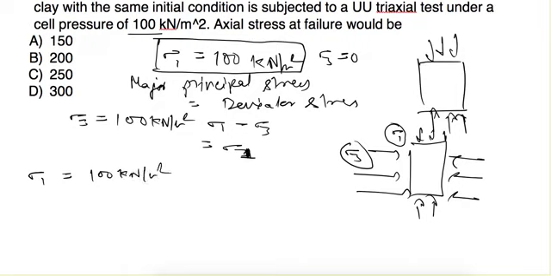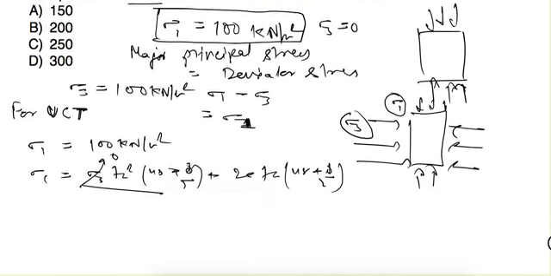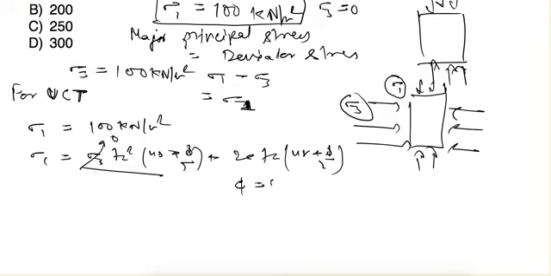So let me write here, for the unconfined compression test, sigma 1 is this, and from the equation sigma 1 is equal to sigma 3 tan square (45 plus phi by 2) plus 2c tan (45 plus phi by 2). But in the unconfined compression test, sigma 3 is equal to 0, so this part is 0, and since nothing is given about phi, we will consider phi as 0 here.